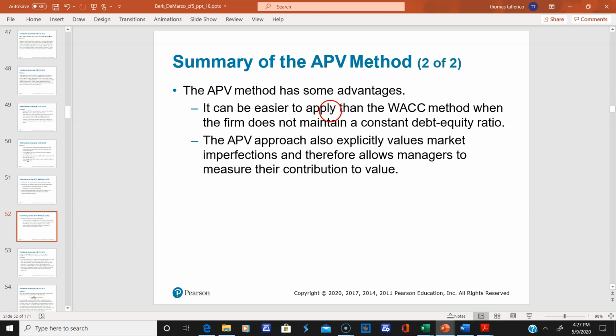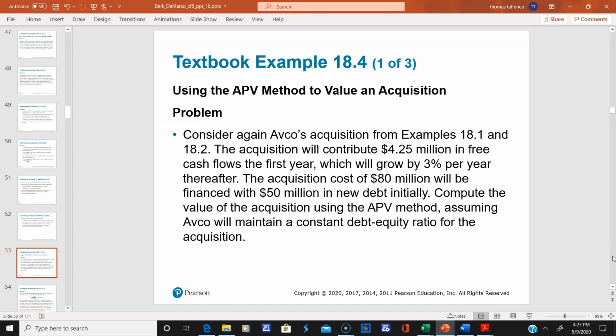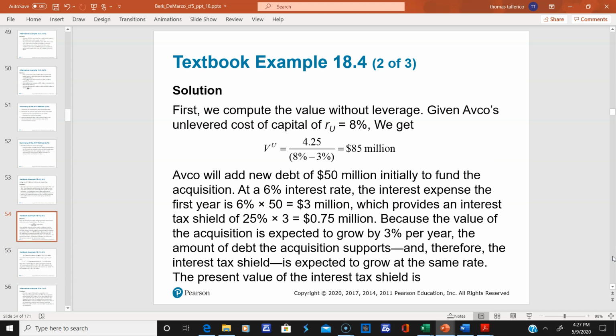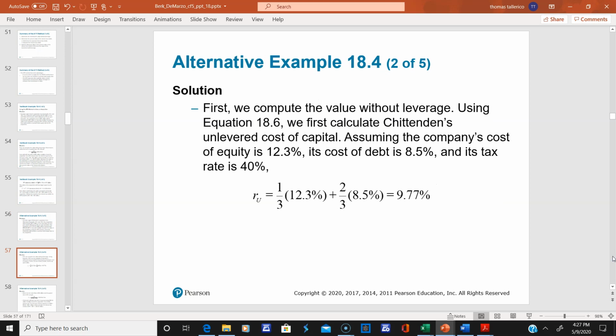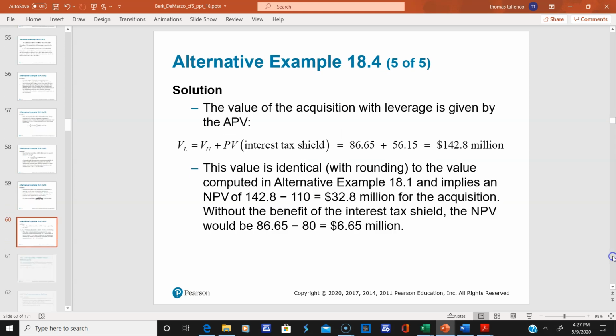It's easy to apply. You can see how it's much simpler than the weighted average cost of capital if the company doesn't have a constant debt equity ratio. So that's the second method. There's an example in your book which you can go through, and there's another alternative example.